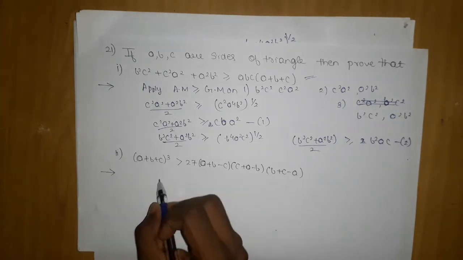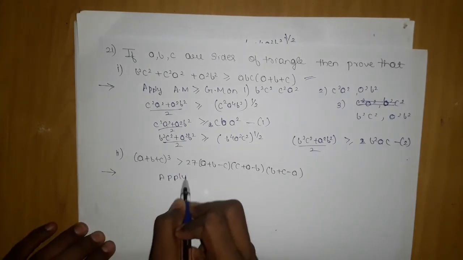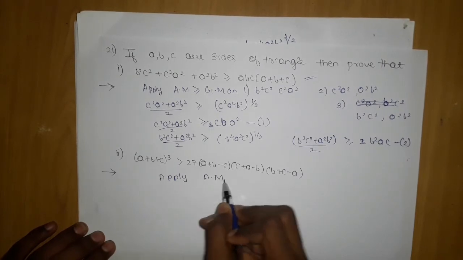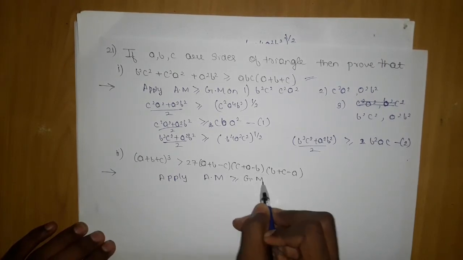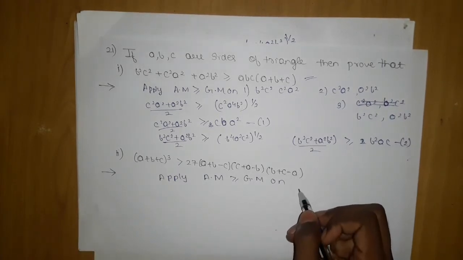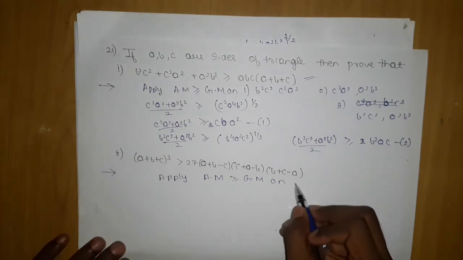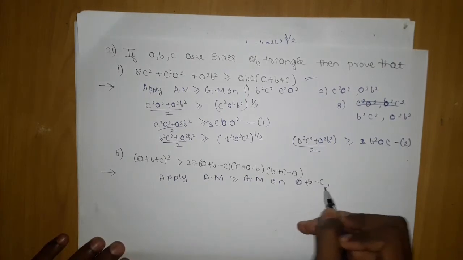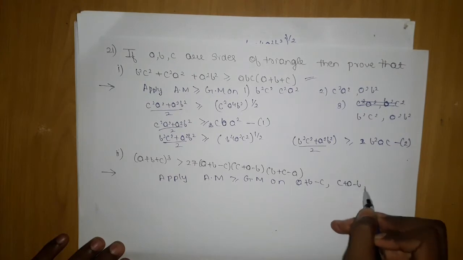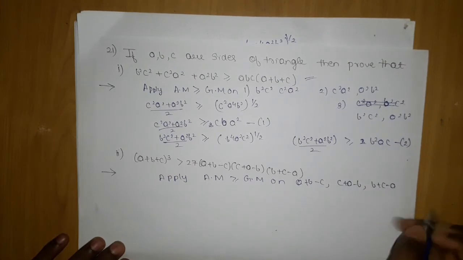So we will apply AM greater than or equal to GM on a plus b minus c, c plus a minus b, b plus c minus a.